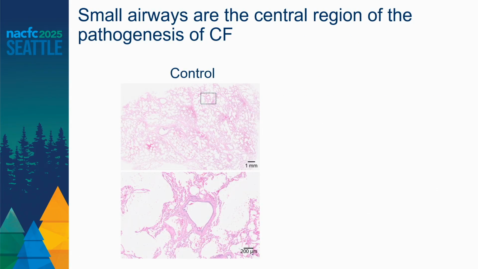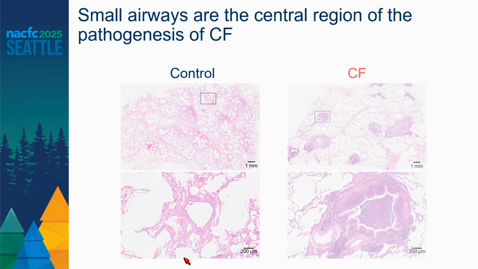Small airways are reported to be the primary central part of CF pathogenesis. As you can see, this is the distal lung tissue section, and when we check the small airways, their airway wall is very thin and almost the same size as the corresponding pulmonary arteries.